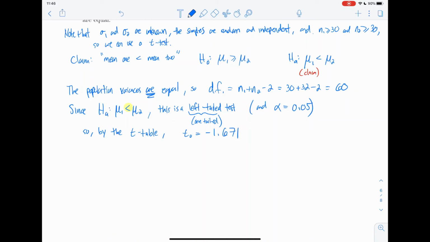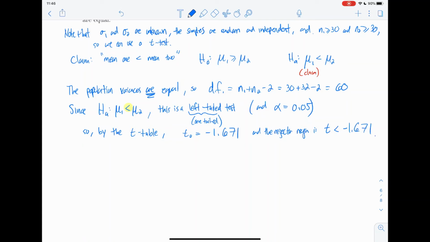And the rejection region, since it's a left-tailed test, is everything less than that value. And the rejection region is any t value that's less than negative 1.671.